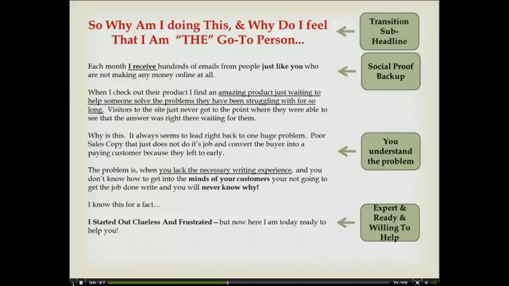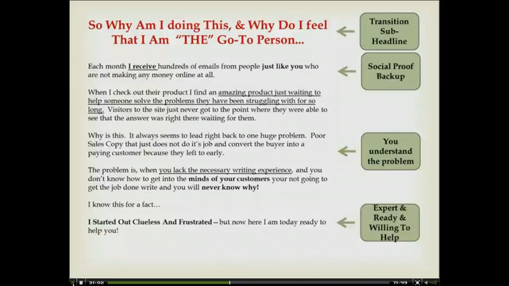Wow, if this person receives hundreds of emails from people just like you, they know who I am and they're getting all these emails. They must be a go-to person because everybody else is going to them with the same kind of problems. So you're basically starting to back this up with social proof, showing them, yes, I am the expert, because everybody else just like you is coming to me as well.